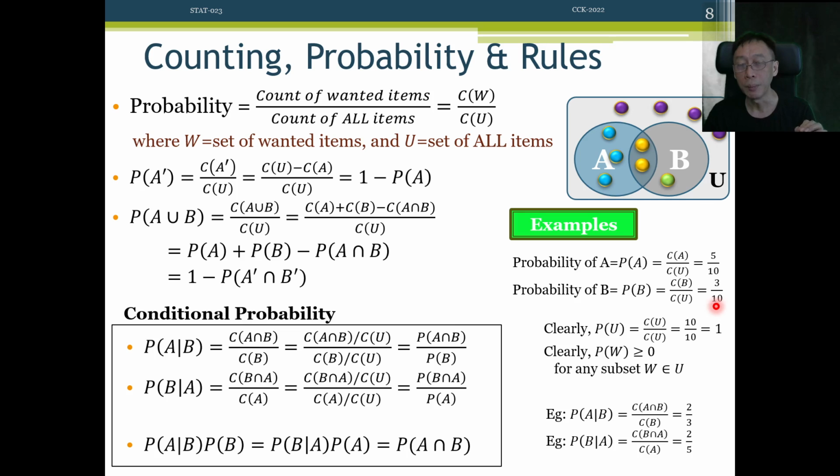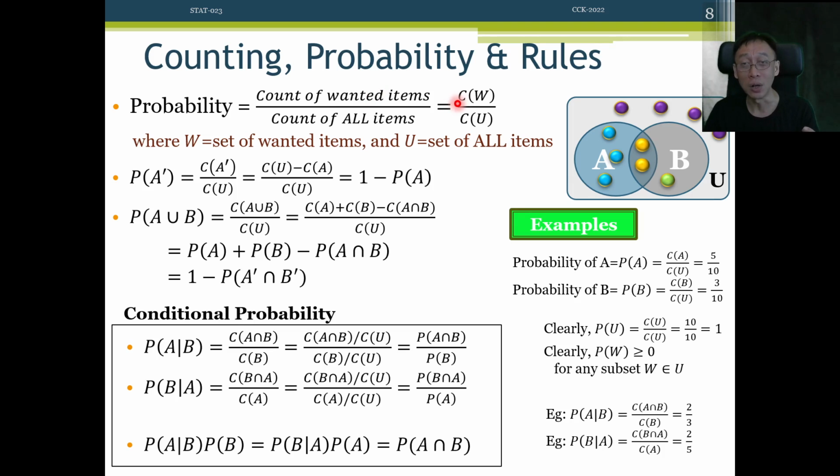So far, so good. But you can also answer a bit of bizarre questions using the basic formula, if you don't suddenly just throw away everything and start using your intuition to answer questions. So, what's the probability of the universal set? Okay, don't panic. Count of all wanted items. But the question wants all items.